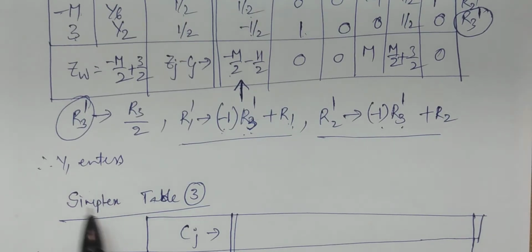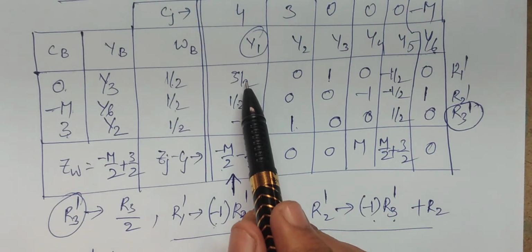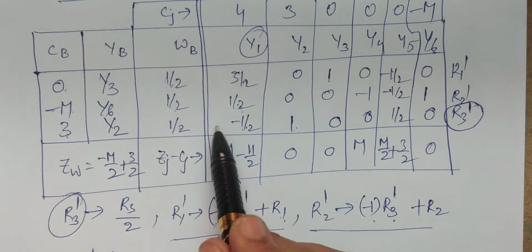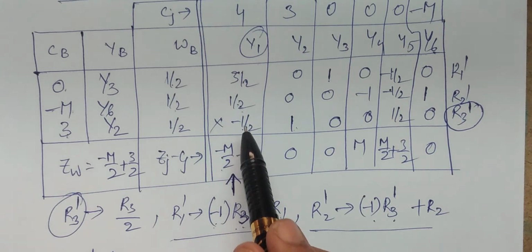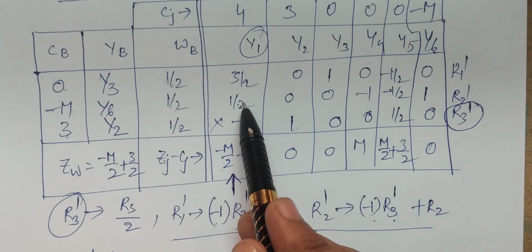And then what you have to calculate, you see, observe the ratios, elements 3 by 2, 1 by 2, minus 1 by 2. So for minus 1 by 2 you should not do the calculation. The minimum ratio is to be calculated for 3 by 2, 1 by 2, two positives.